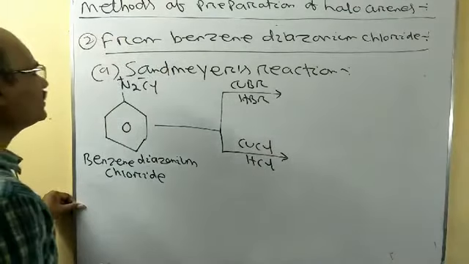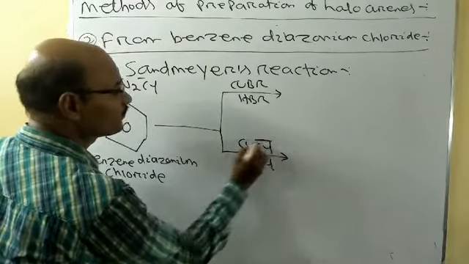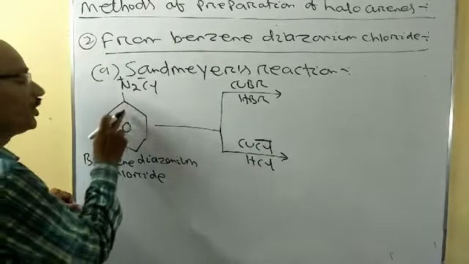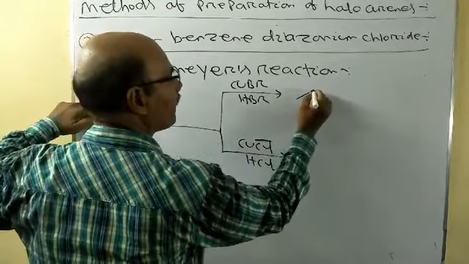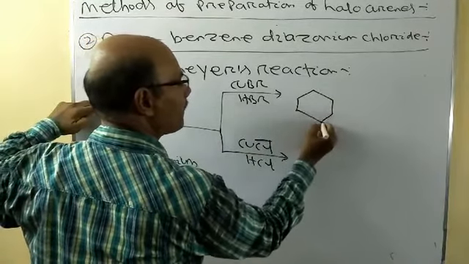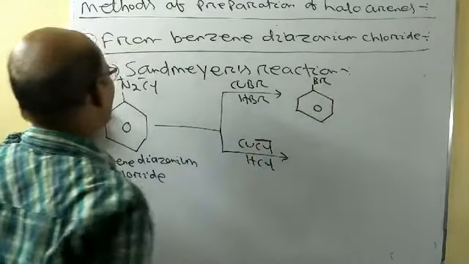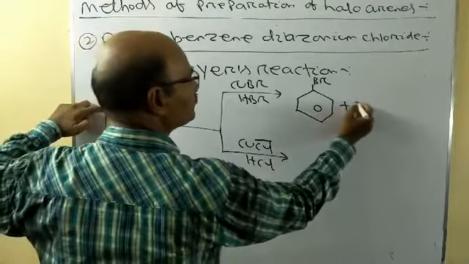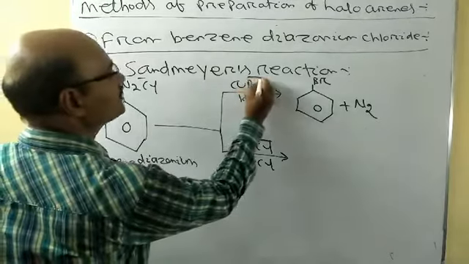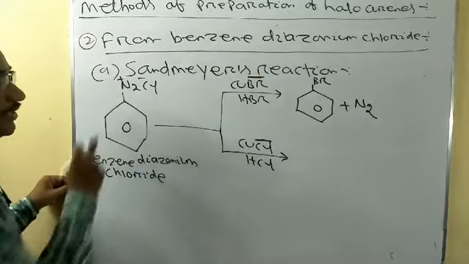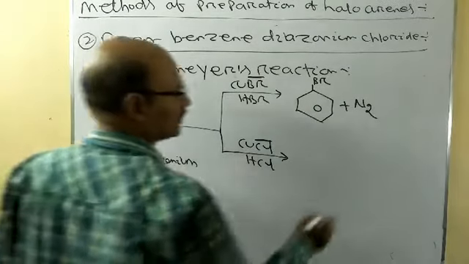Okay, then this Cl of this CuCl will be substituted on this benzene ring. We will get what? Benzene ring Br plus N2. This Br is attached to this benzene ring. We are getting bromobenzene plus N2. Now this is Cl minus.